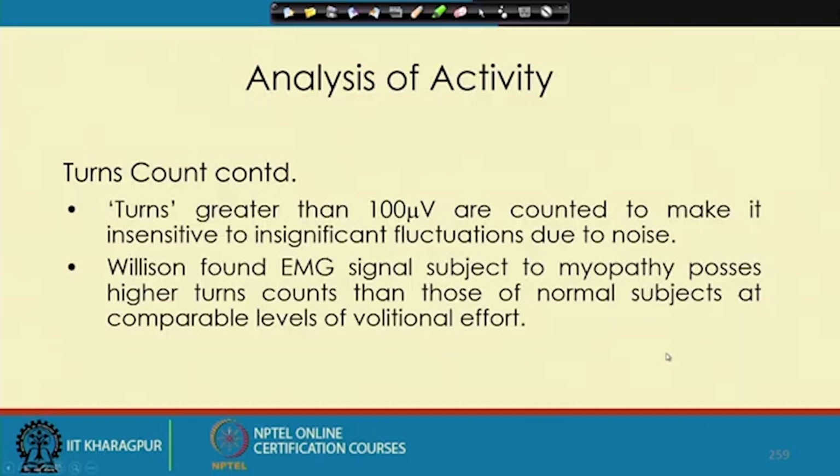So, in that case, the activity of the EMG signal would be much higher. Okay. So, that was the observation by Wilson, and they found that turns count is a very effective tool for finding out the activity of the EMG signal.